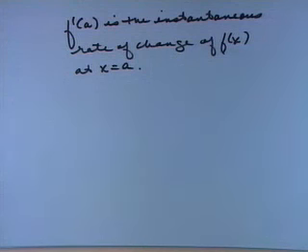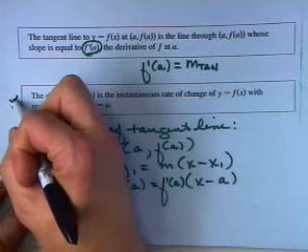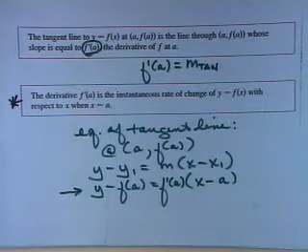I believe that's exactly the way it's stated. Let me find that other sheet here. This second piece right here: the derivative f prime of a is the instantaneous rate of change of the function with respect to x. With respect to x means in terms of x. That's what it means, when x is equal to a.